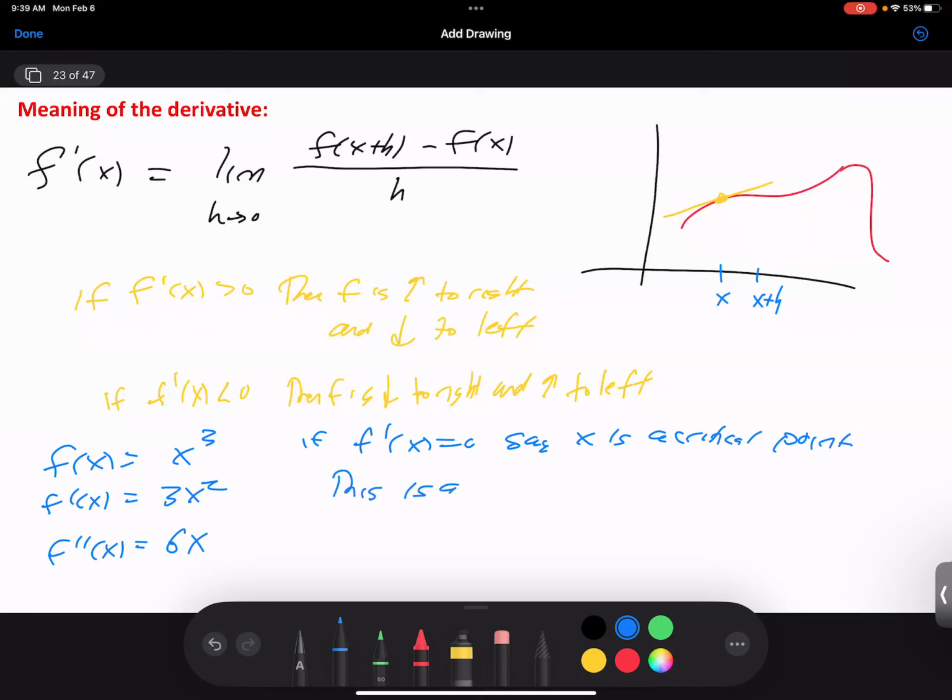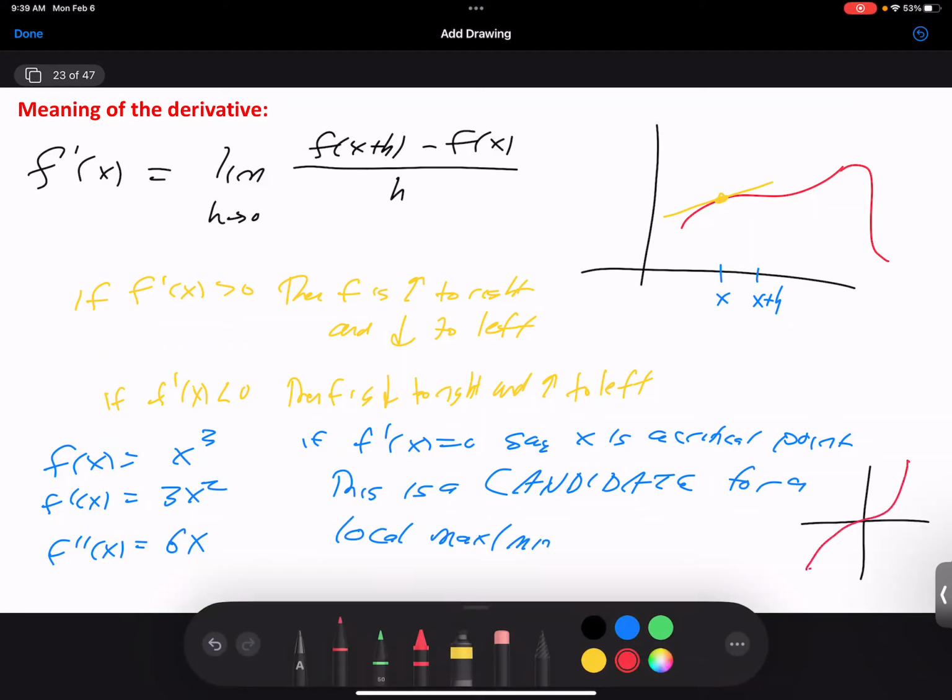This is a candidate for a local maximum. So the function I just gave you, if I were to plot it, it would look something like this. It does not have a maximum or a minimum at x equals 0. What do you think is going on?